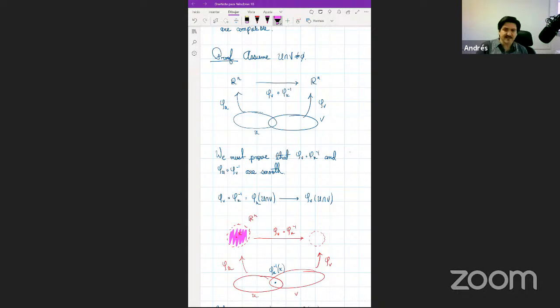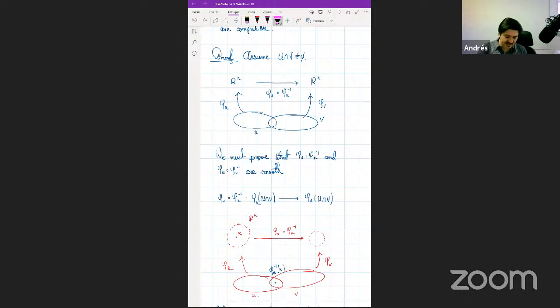This open set is where this function is defined. So I take an arbitrary point on the domain, and I want to show that the function is smooth at x. Okay, so let's see.